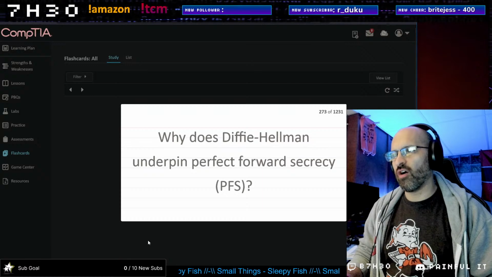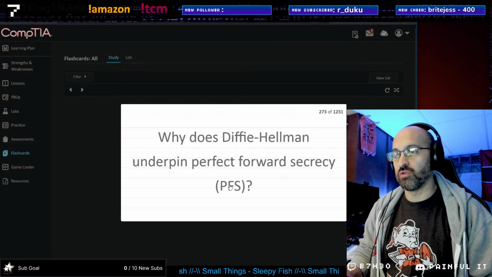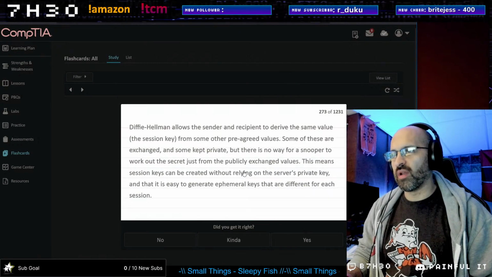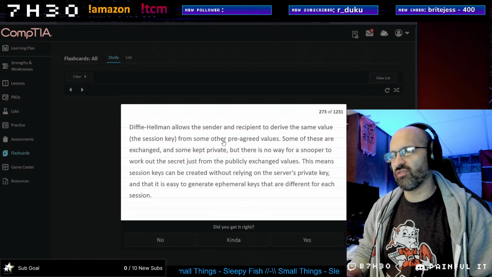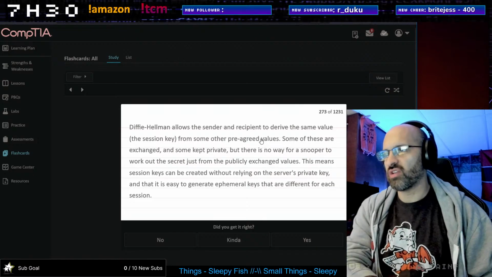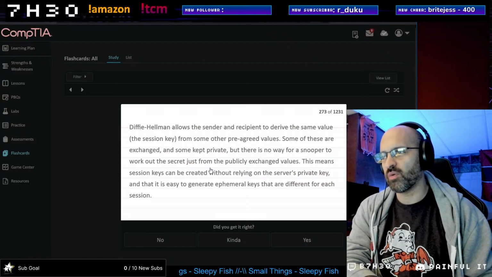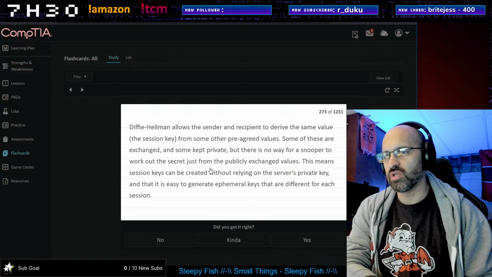Why does Diffie-Hellman underpin perfect forward secrecy? Because it's used in the encryption process. Diffie-Hellman allows the sender and recipient to derive the same value session key from some other pre-agreed values. Some of these are exchanged, some are kept private, but there's no way for a snooper to work out the secret just from the publicly exchanged values.